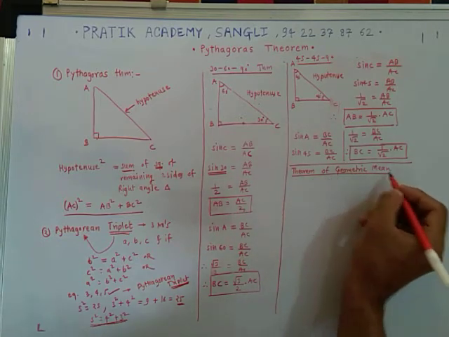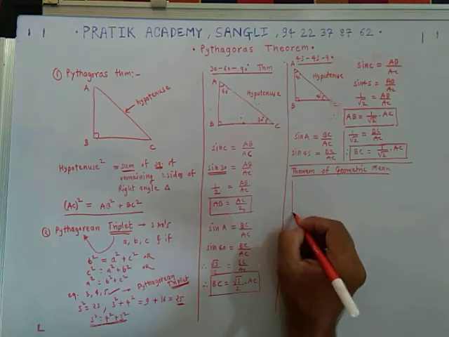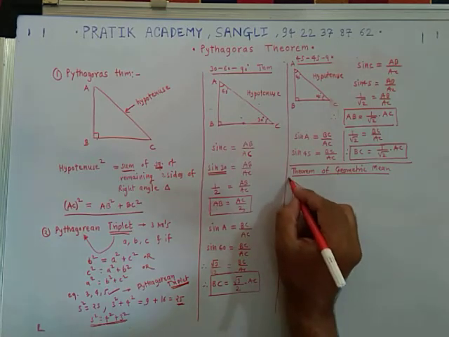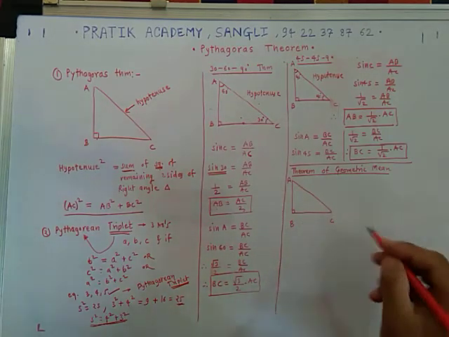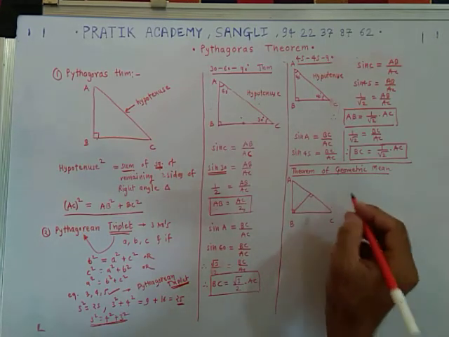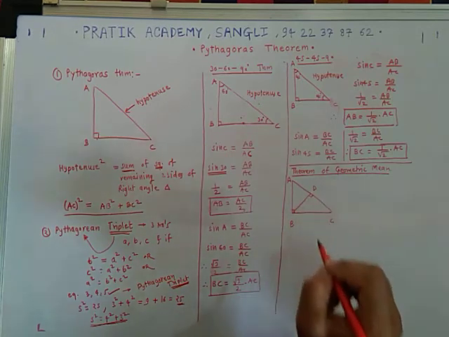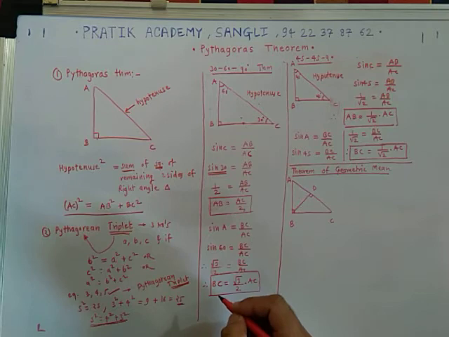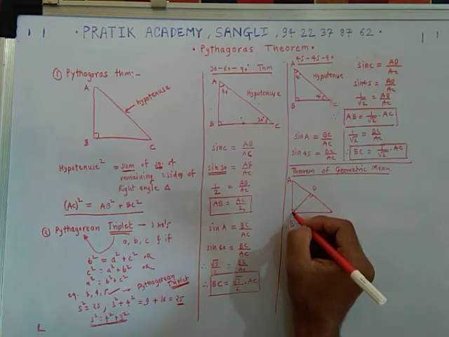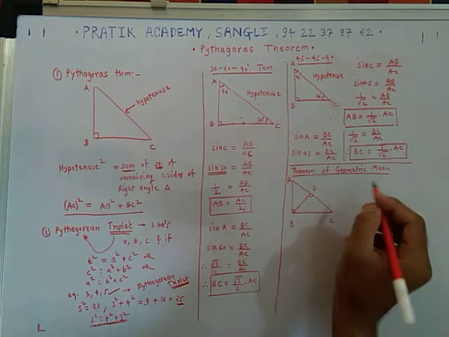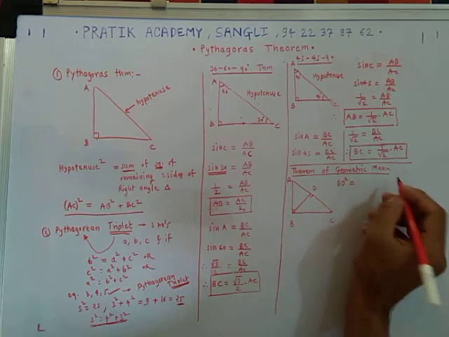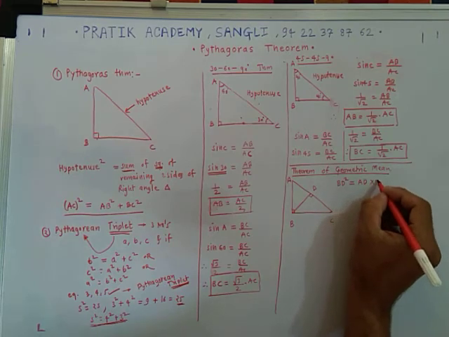Okay, here consider a right angle triangle ABC and draw one perpendicular on the hypotenuse from B. Let's call it D. Okay, then if we draw a perpendicular from B on hypotenuse AC, then we will find that BD square is always equal to AD into DC.